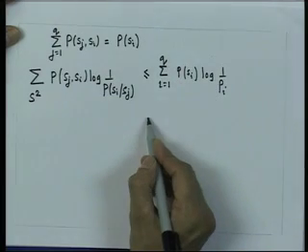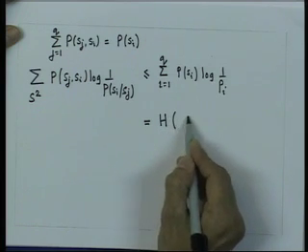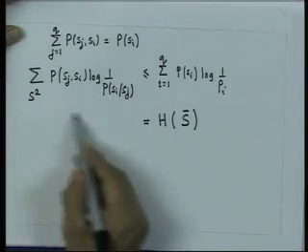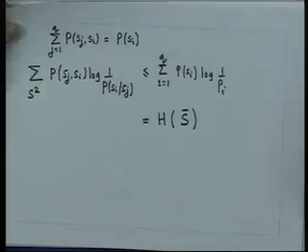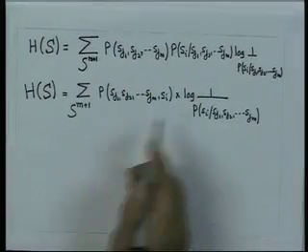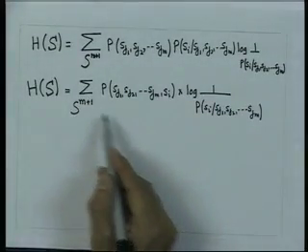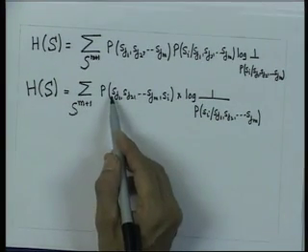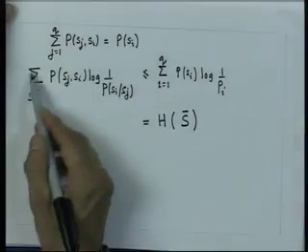This quantity is nothing but, by our definition, the entropy of S bar, and this quantity out here, it is very easy to identify in the light of what we have done earlier today. This is the expression which we derived for entropy of an mth order Markov source. In our case, the source is first order, so this expression simplifies to this expression.